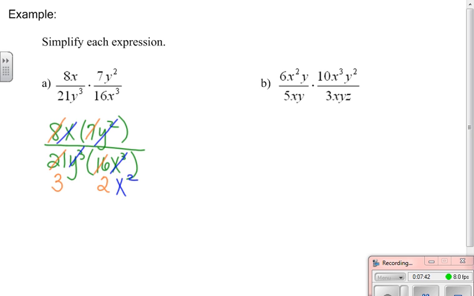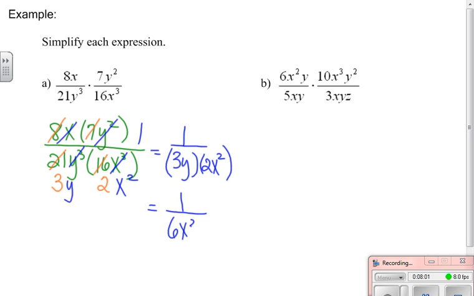Y squared and y cubed cancel, leaving y. Now it appears there's nothing left in the numerator, but remember there is a 1 there. And so I have 1 over what's left, 3y times 2x squared. Clean it up, 1 over 6x squared y.